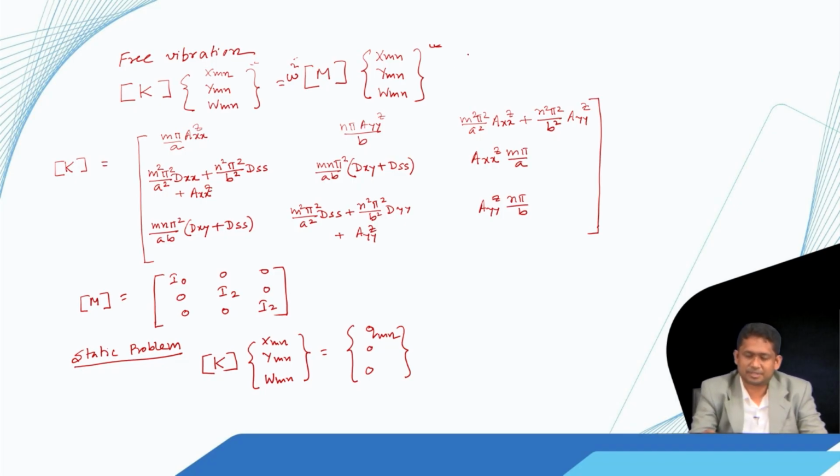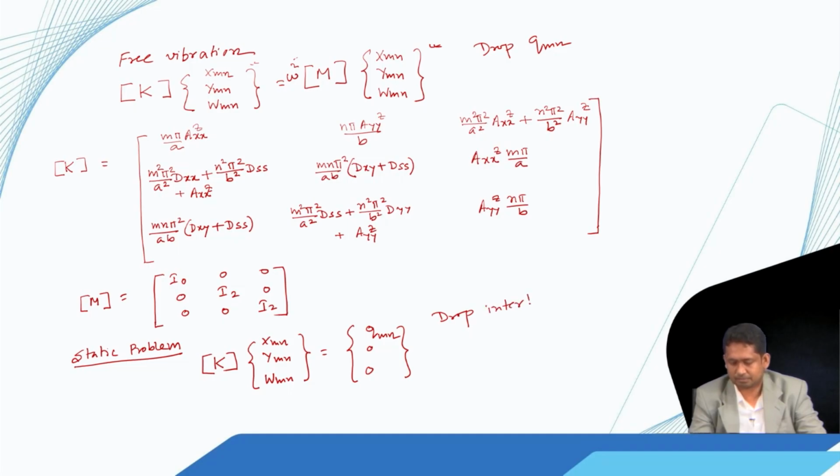So, for free vibration we have dropped QMN, and for static problem we dropped the inertia terms, that means the terms which have omega square associated.